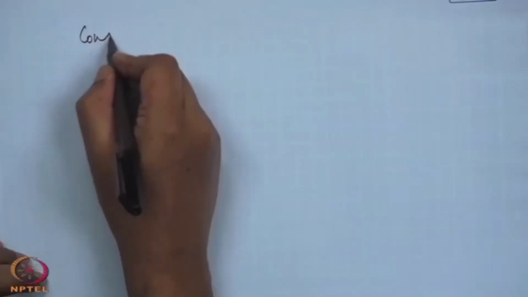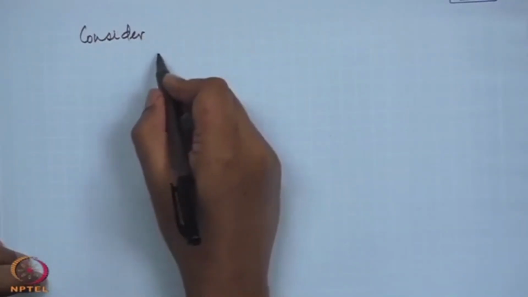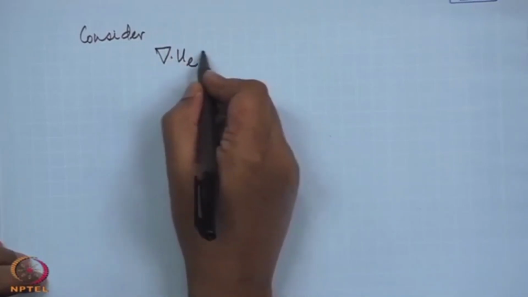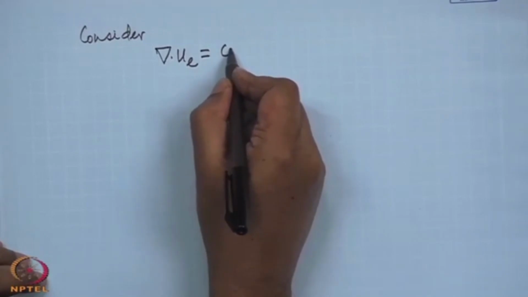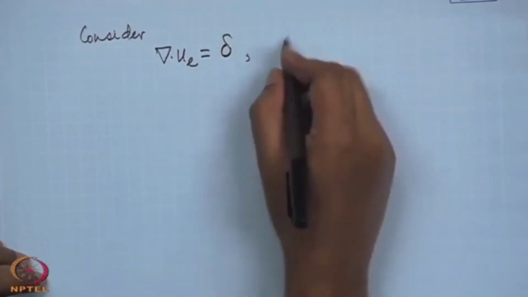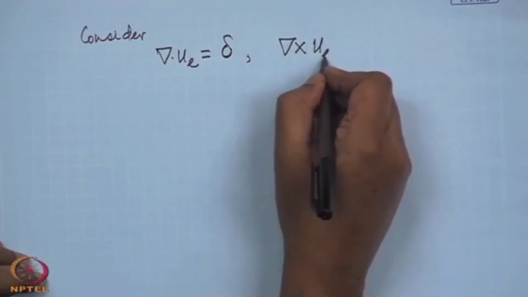Okay. We will consider one at a time, not two together. So, consider first this case. Divergence U is delta, but U is such that it has no vorticity associated with it.